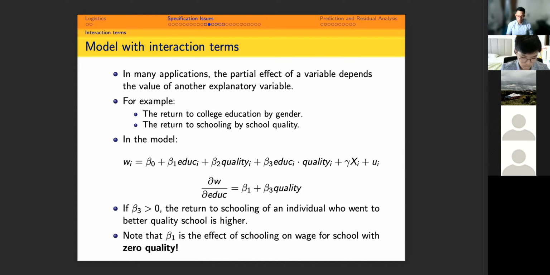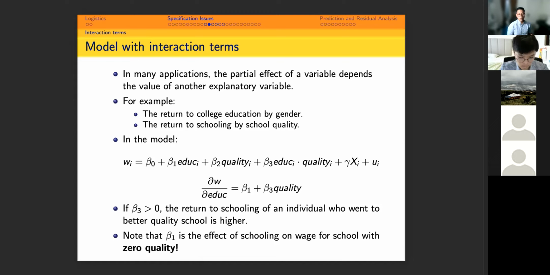Another example is that you compare two individuals, one who enrolled in a higher quality university, and the other who enrolled in a low quality university. We'd like to know whether or not the return to schooling differs between these two individuals.